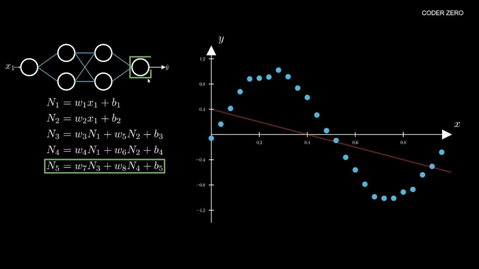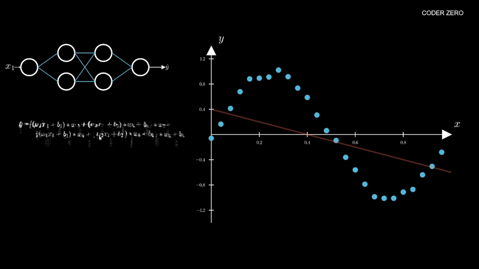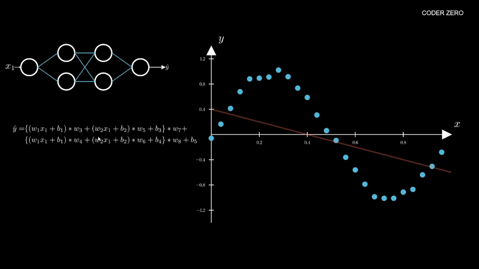That means the N5 neuron is giving the final output for this neural network. So the equation of y dash will look like this, and you can see here this is the equation of N1, this is the equation of N2, and this is N3 and this is N4, and then everything is combined together to give the equation of y dash.